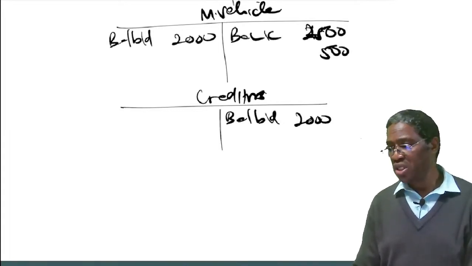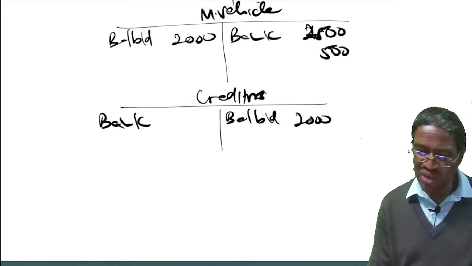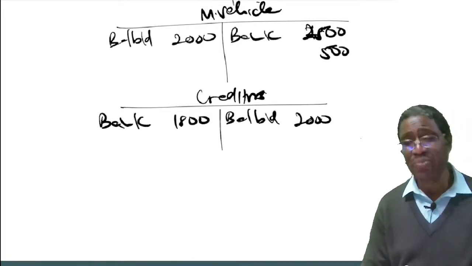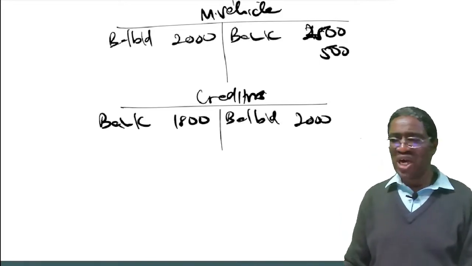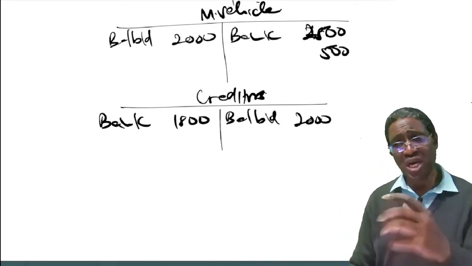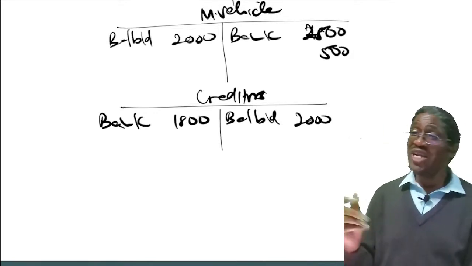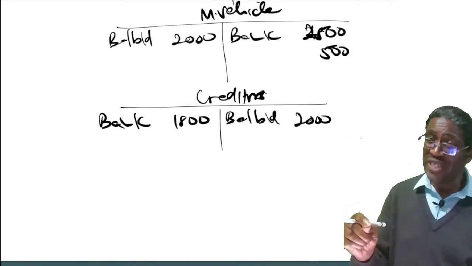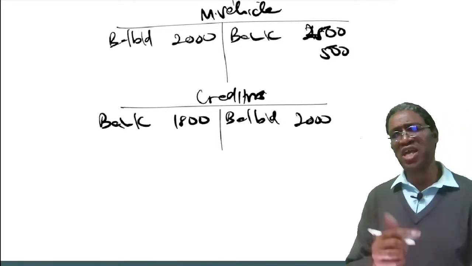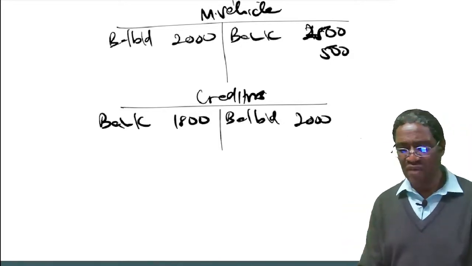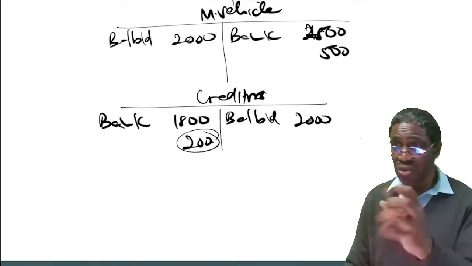So you must have debited creditors and credited bank by 1.8 million. Again, we can't leave this account pending. We owe them 2 million. They were willing to accept 1.8 in full settlement. So it means the creditors have given me a discount of 200. That is a discount received.